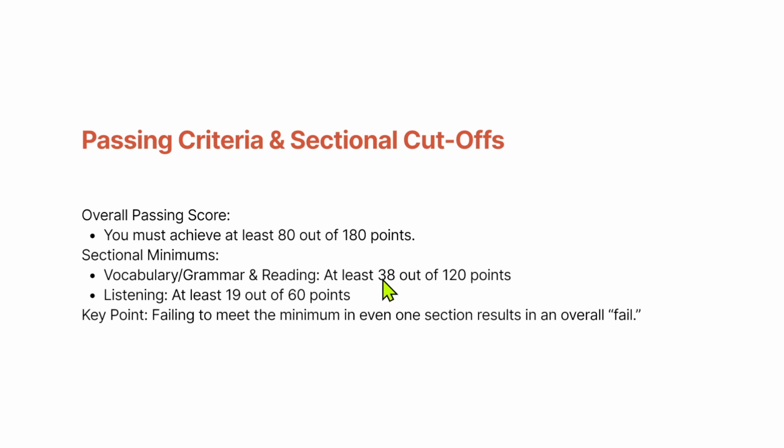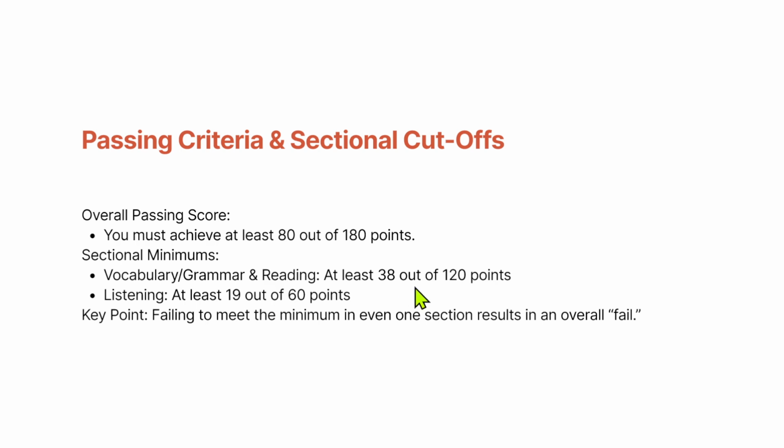Now you'll say, what if I score 38 in section 1 and 19 in section 2? Will it be good enough? 38 plus 19, how much is it? 57. 57 out of 180 points. You fail. It doesn't work like that.